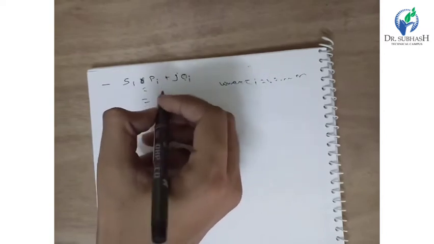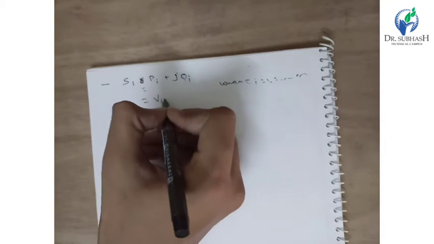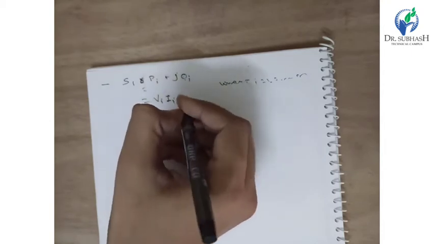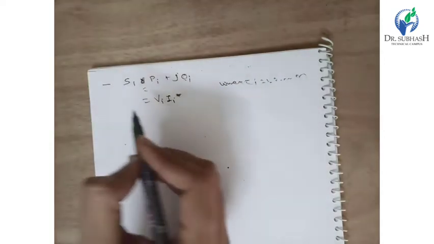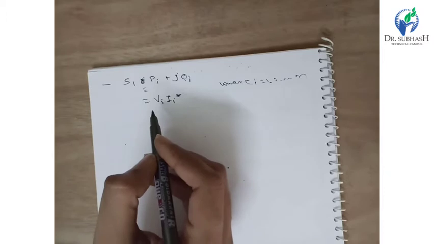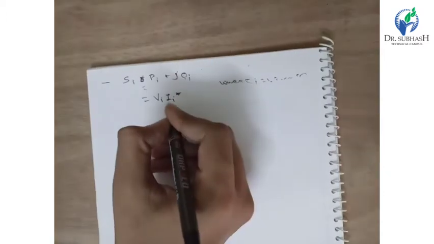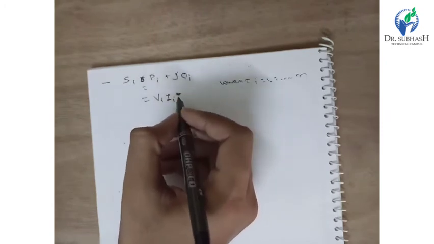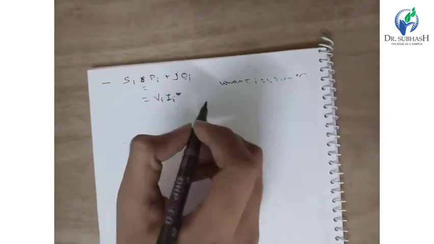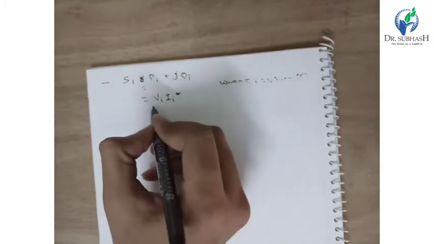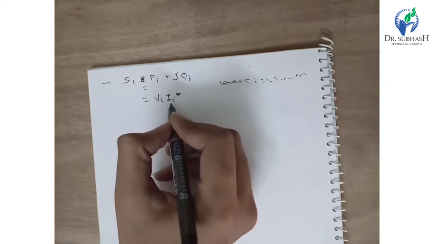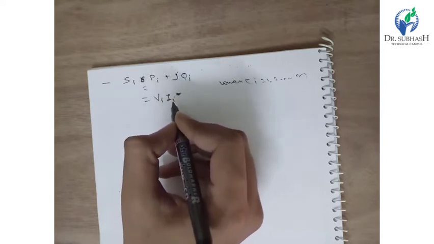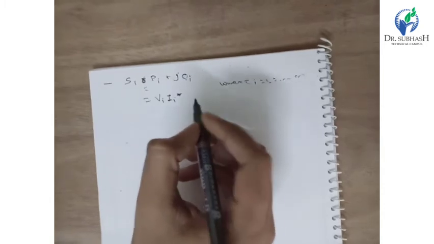So we can write the value of Si as Vi into Ii conjugate, where Vi is the bus voltage at the ith bus with respect to ground, and Ii star is the source current injected into the bus.